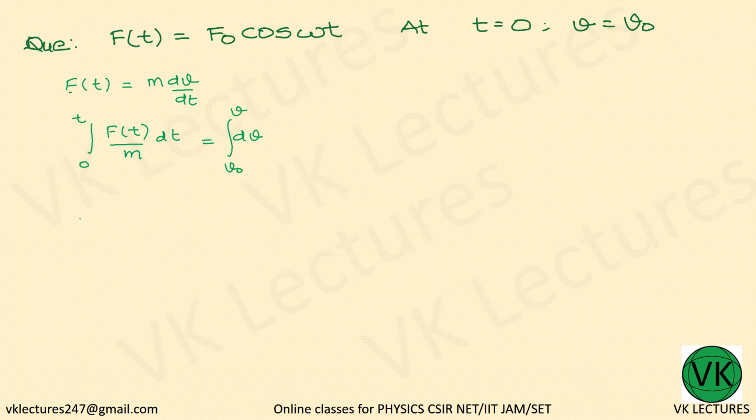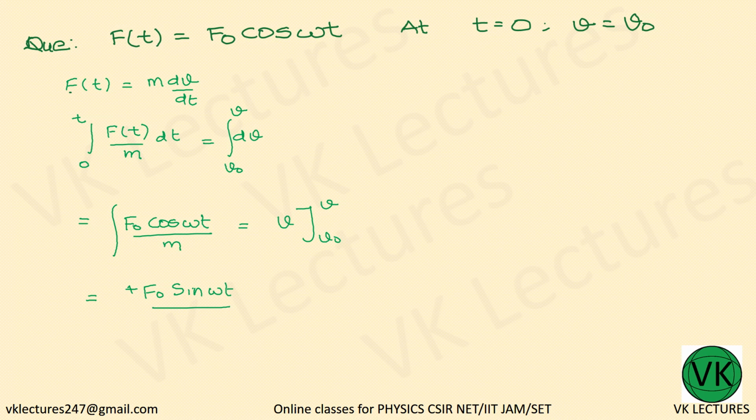Now that's equal to f naught cos omega t divided by m, integral is equal to v, now we have v naught to v. This integral is equal to f naught by m omega into sine omega t.